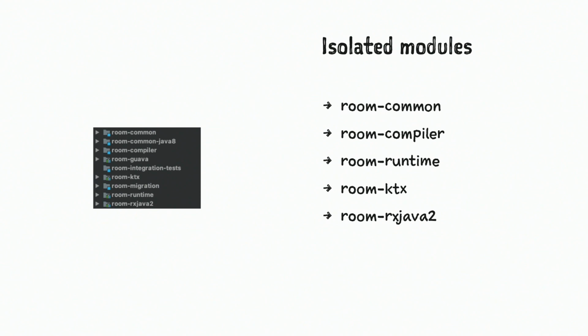But the very important, or more used, ones that we're going to see are Room common, which is the annotation interfaces that we're all using when we're using Room, like insert, etc. We have the Room compiler, which is the annotation processor. It has the basic class of Room processor, which takes all these annotations and creates all our generated code from everything that we annotated.